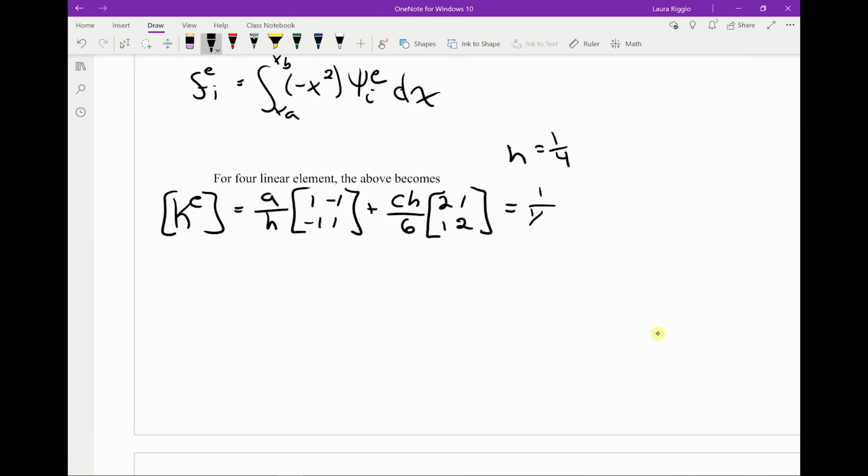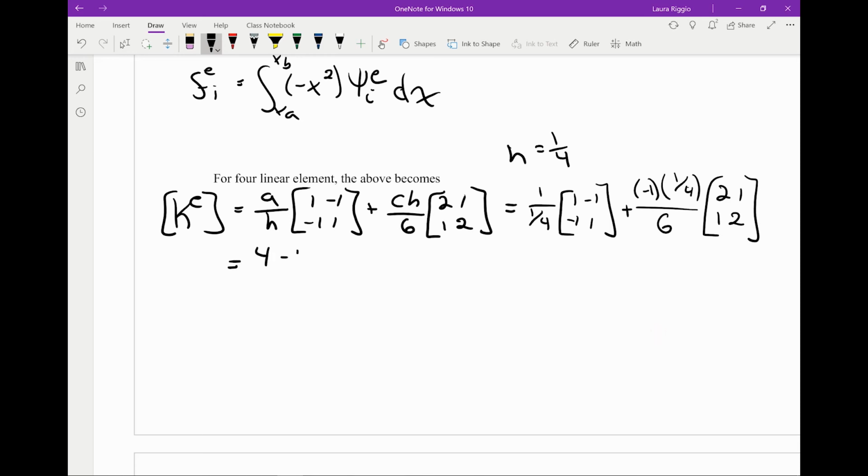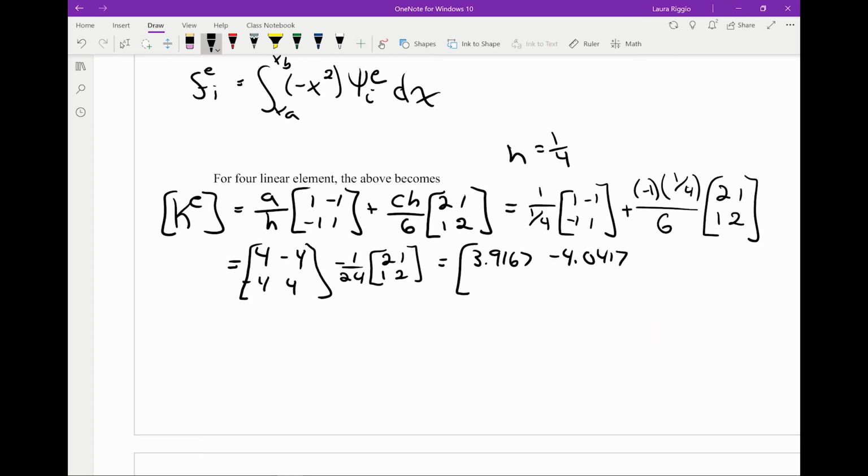So it's 1 divided by 1/4 times [1, -1; -1, 1], plus minus 1 times 1/4 divided by 6 times [2, 1; 1, 2], which is equal to [4, -4; -4, 4] minus 1/24 times [2, 1; 1, 2], which is equal to [3.9167, -4.0417; -4.0417, 3.9167].